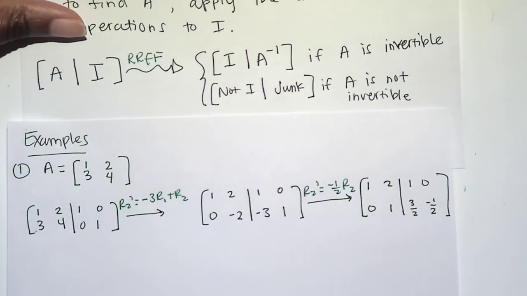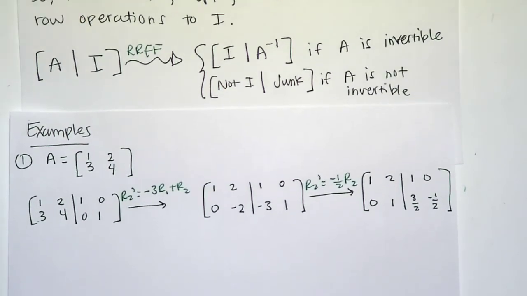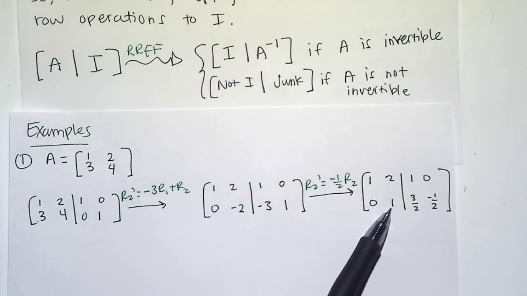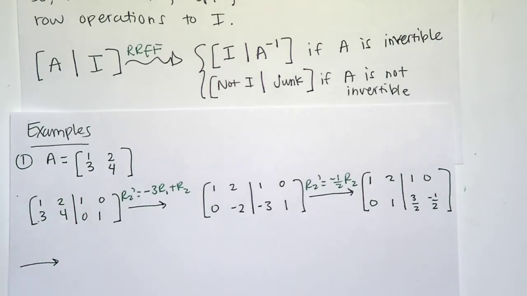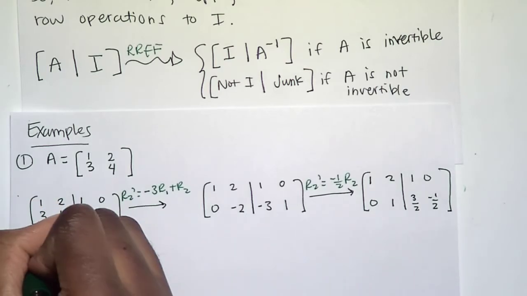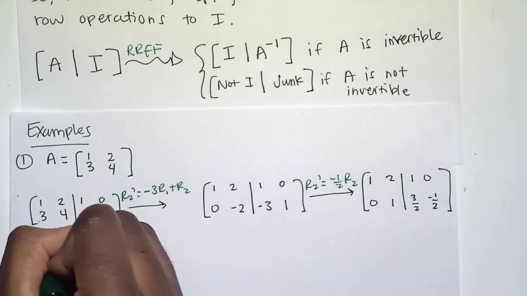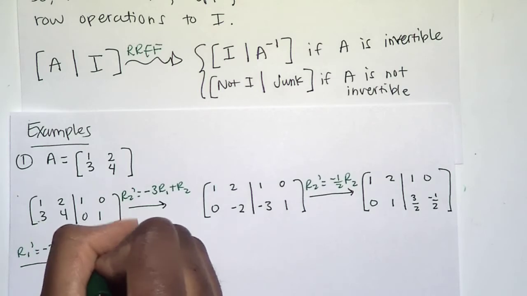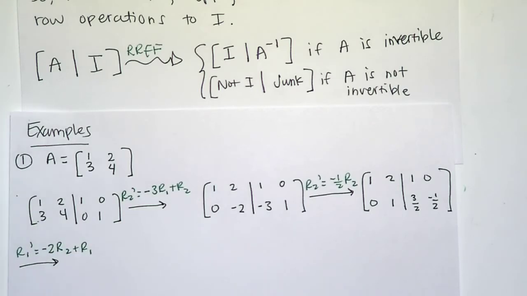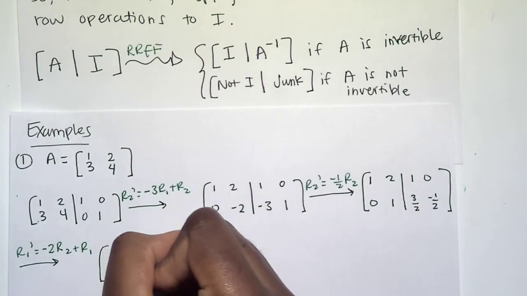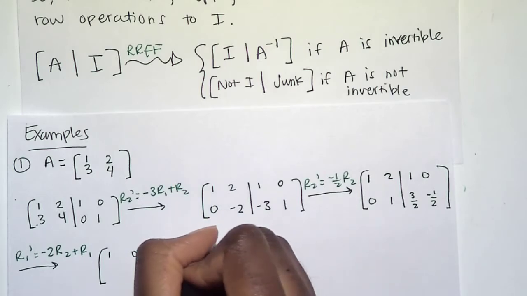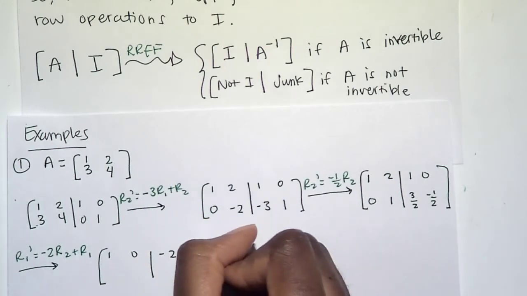All right, all that's left is to turn this 2 into a 0, so I need to multiply row 2 by -2 and add it. -2 and 1.